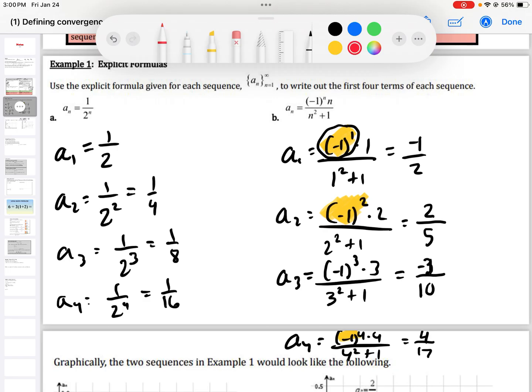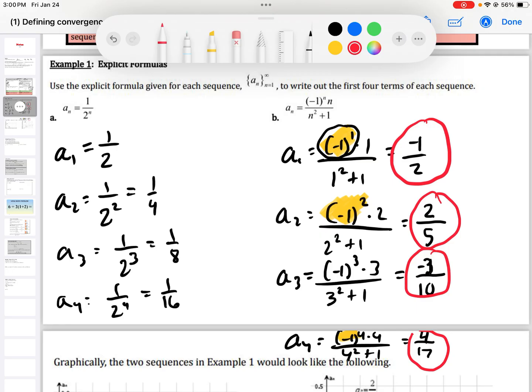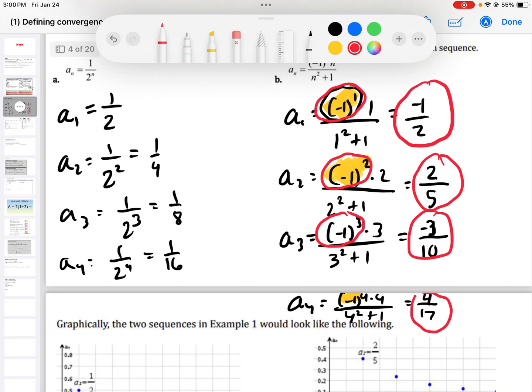So I want you to think for a second, it's going to be a big idea later on, is why does this alternate from positive to negative, negative to positive? It was all from this negative 1 to an odd exponent, negative 1 to an even exponent, negative 1 to an odd. So it alternates back and forth between negative and positive.